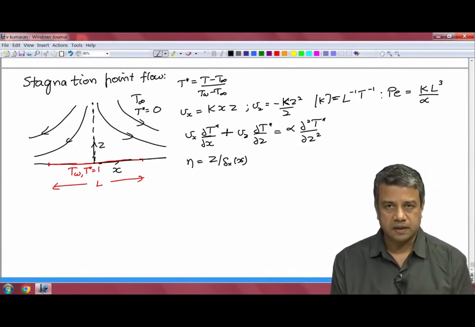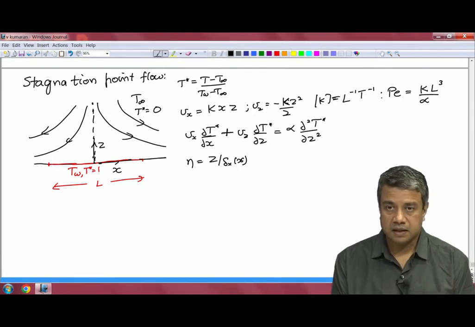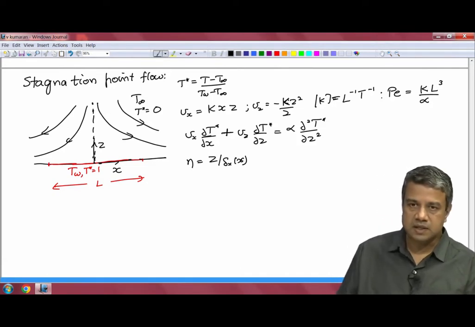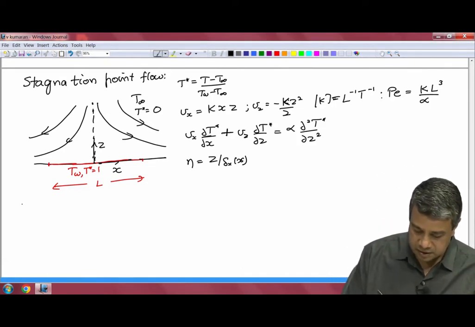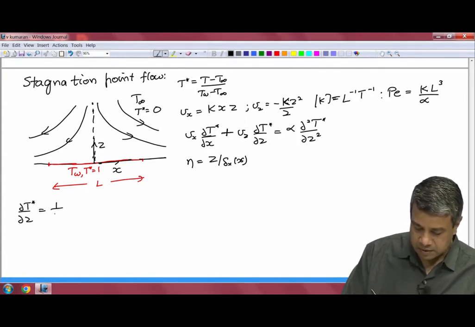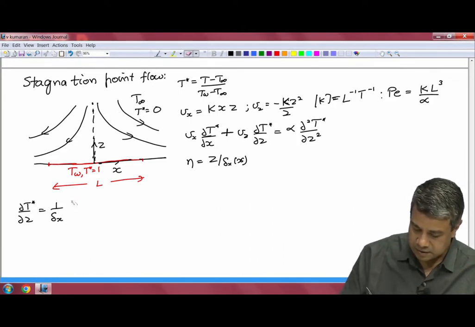Substitute that in the velocity components and in the derivatives of the temperature. If you recall, we had derived the temperature derivatives using chain rule for differentiation. In terms of eta, partial T star by partial z is equal to 1 by delta d T star by d eta.